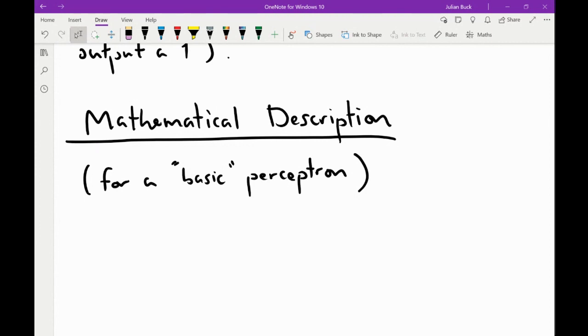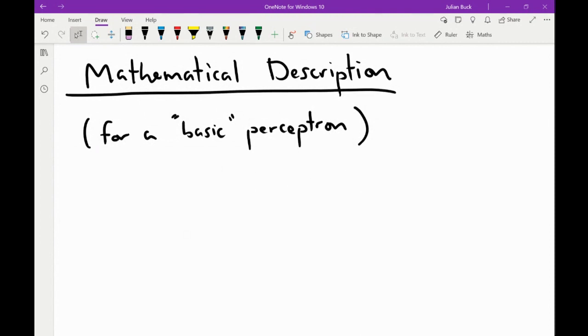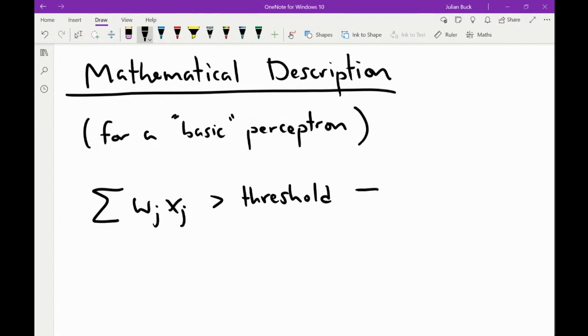Our basic idea is still that if the net input is greater than the threshold, that should correspond to outputting a 1. And we are going to change the notation a bit.